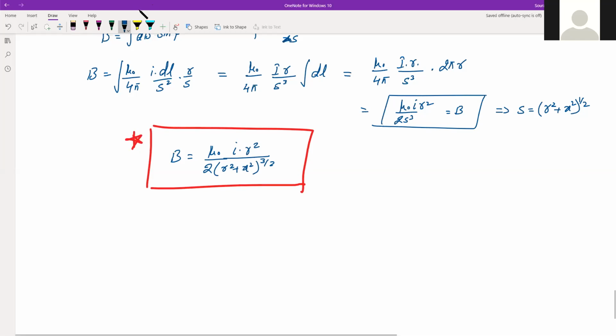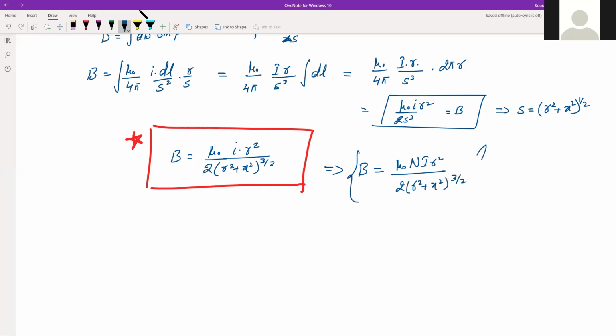And other cases remain the same. That is, if there are n different or total n coils, then B becomes mu naught into n I r square divided by 2 into r square plus x square to the power 3 by 2. This expression is for when there are n turns in the coil. And the special case we have already seen, that is at the center.